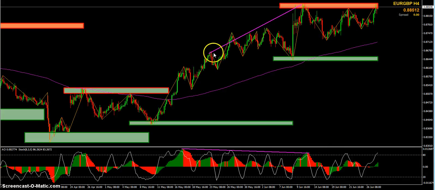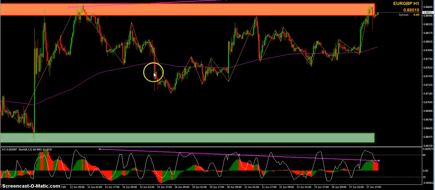If it does break a high, we can just reverse or move this across, and as long as the AO remains lower as it still steps up, we can still look at this position. We haven't entered this position yet because it hasn't fallen enough for our confirmation.